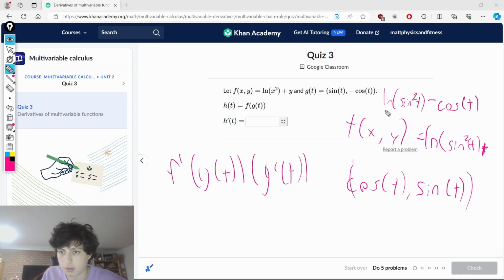So that's our f of g of t, that's our g prime of t. Oh god, I completely forget now what I'm supposed to be doing. And then I multiply something together. Like this goes to the x term. Oh man, no, but it's the derivative of f prime of g of t.